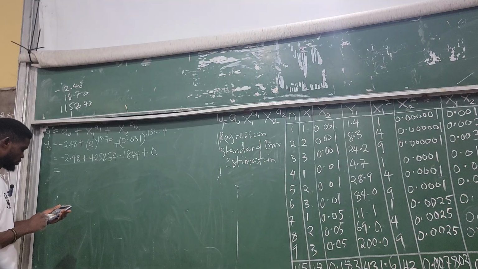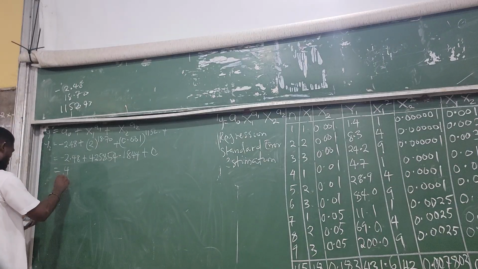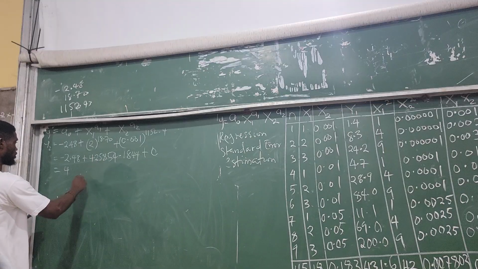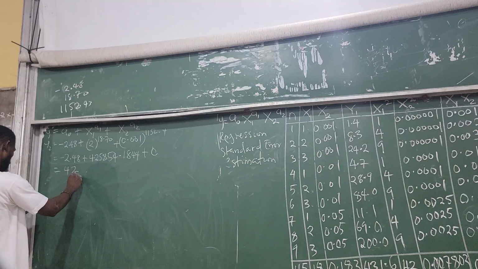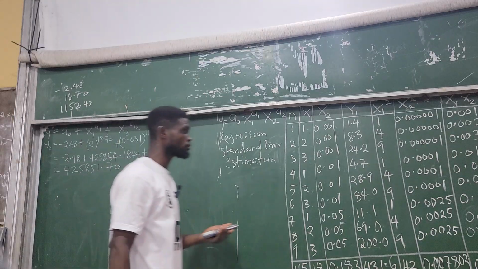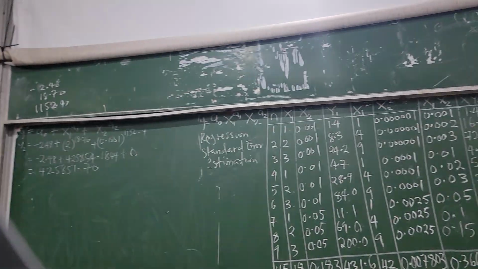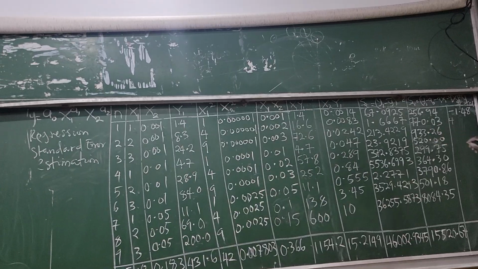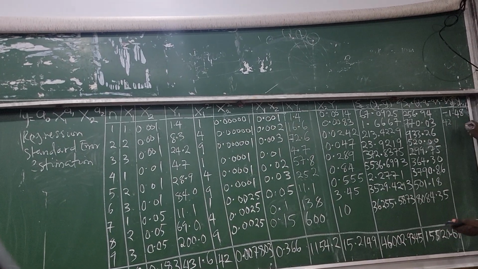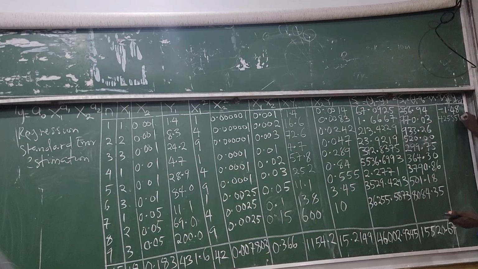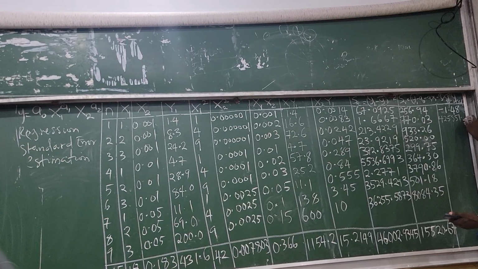4.2854 is equals to we have 4.2854. We have 4.2851.70. So you come back here and put 425851 point 70.